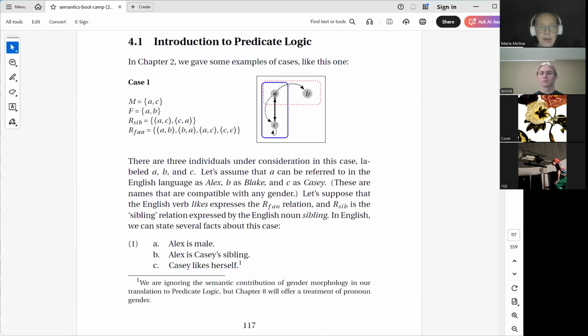So again, we have 3 individuals, A, B, and C. And we can call them Alex, Blake, and Casey. Any gender.